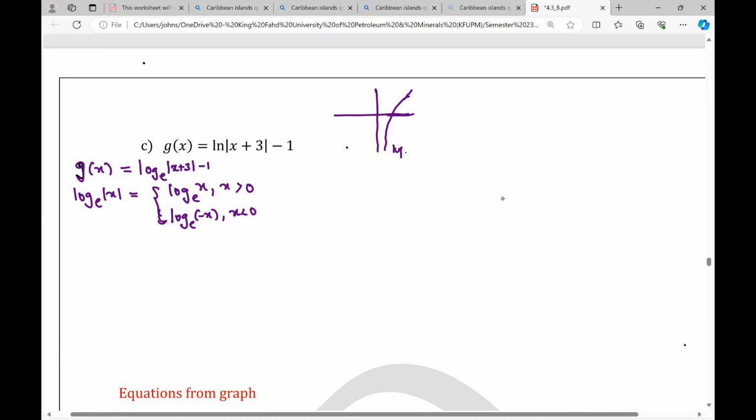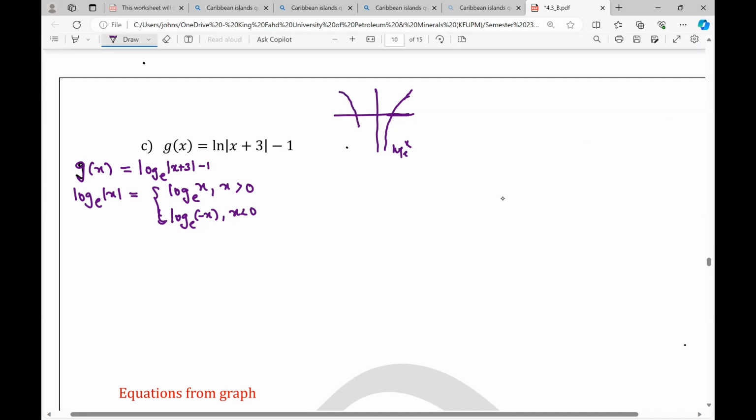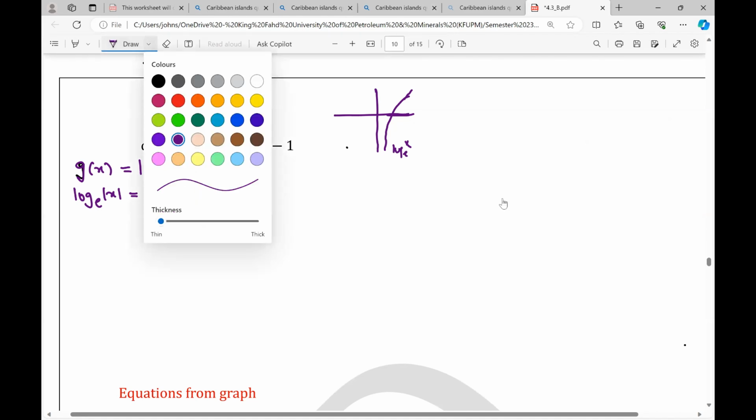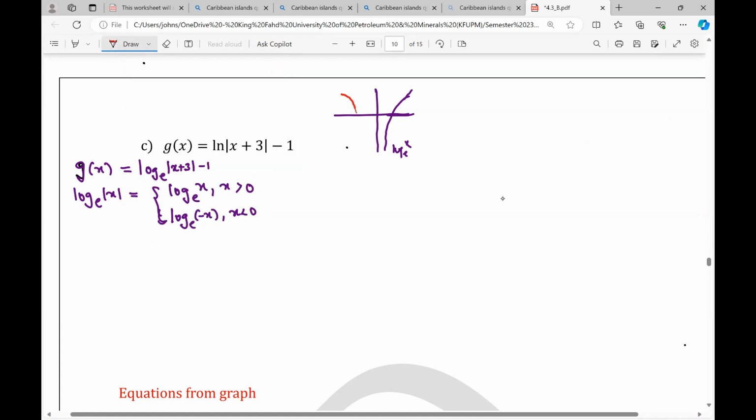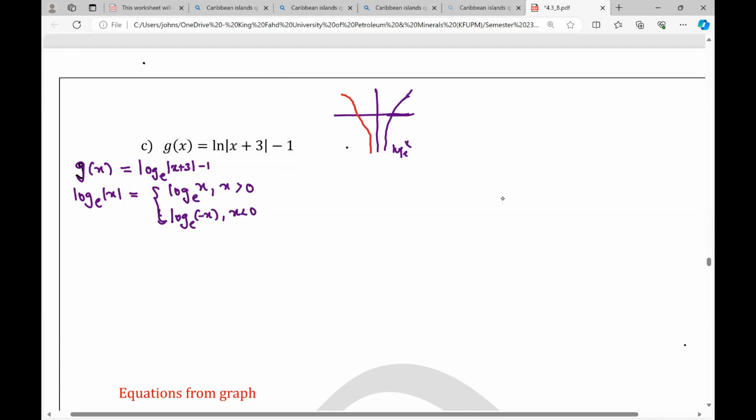Then log e of minus x is just the reflection. So you have this one here. So this point is 1 and this point is minus 1. Now this is the graph of ln, or you can say log, it's fine. You can call it the graph of log to base e of the absolute value of x.